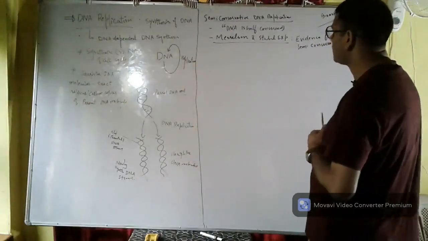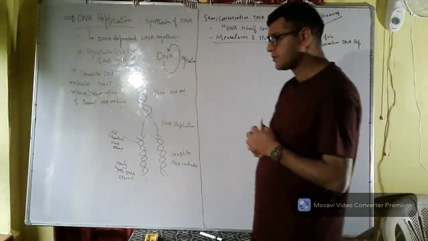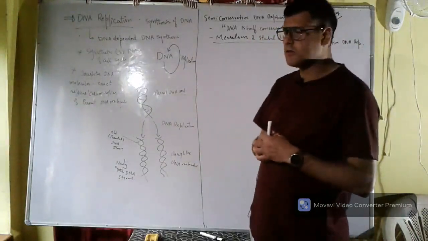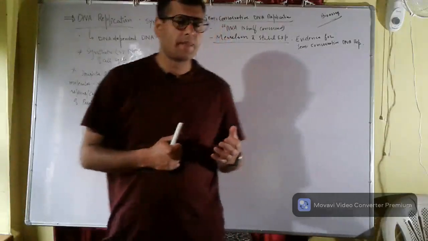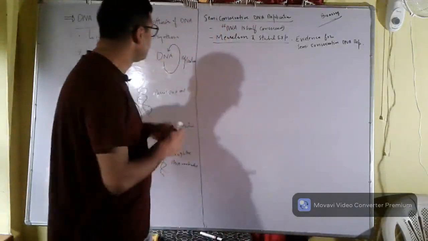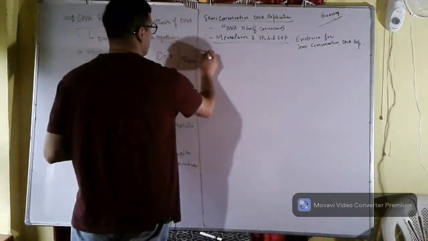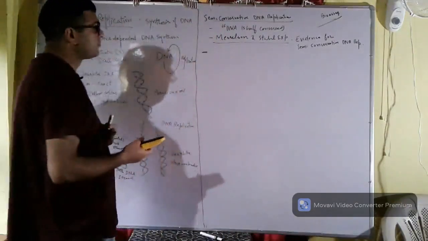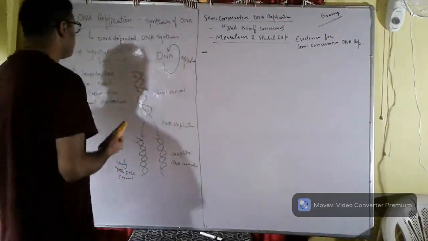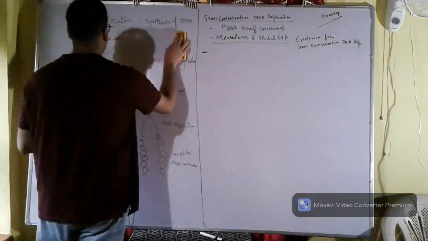Then we have Meselson and Stahl's experiment. These two scientists proved that DNA replication is semi-conservative.